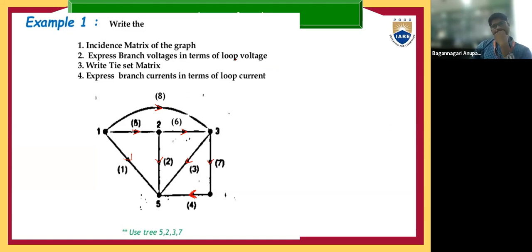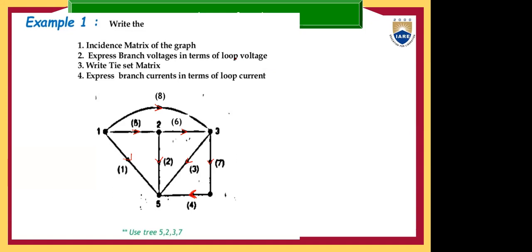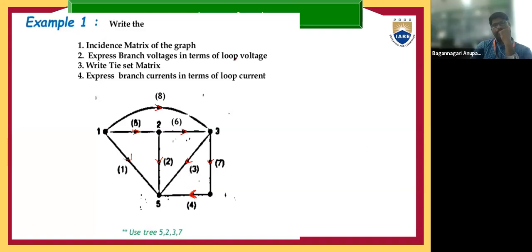Why? How many nodes do you have? What defines the number of rows in the incidence matrix? It is the number of nodes. So how many rows are you going to get? 4. Fine, it will be 4 nodes only.